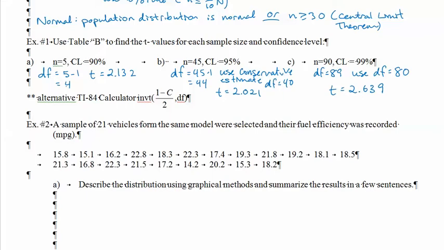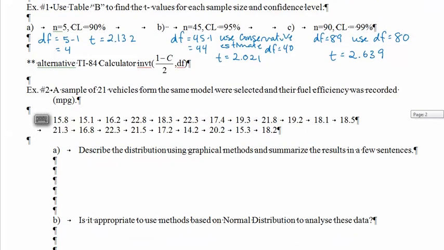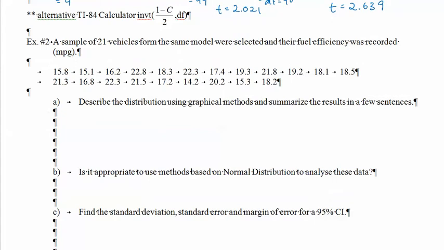For example 2, I would like you to do the first part. You're going to describe the distribution using graphical methods and summarize the results in a few sentences. You can use your calculator and sketch the histogram and box diagram for that, and you are going to describe the shape, the outliers, center, and spread.